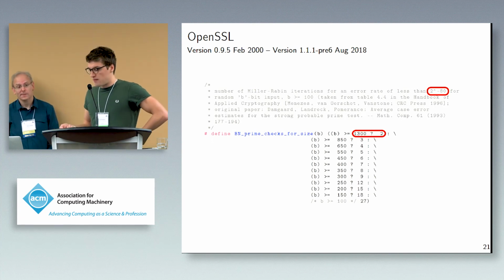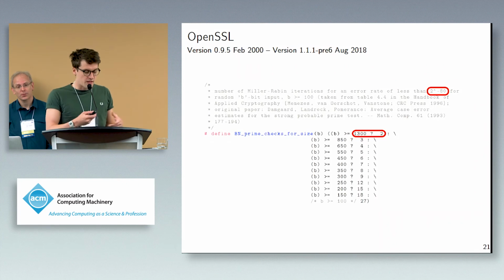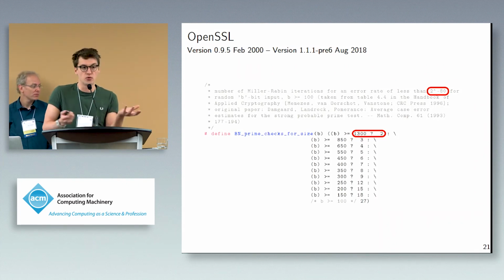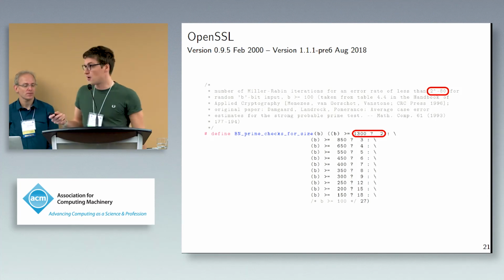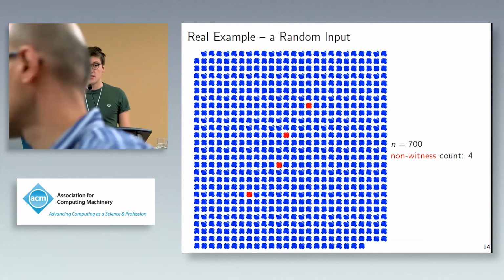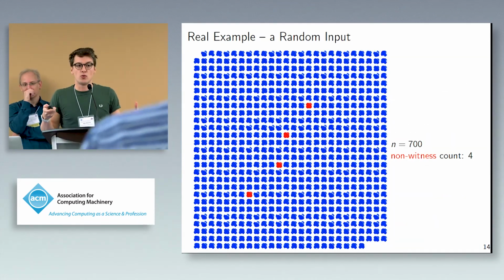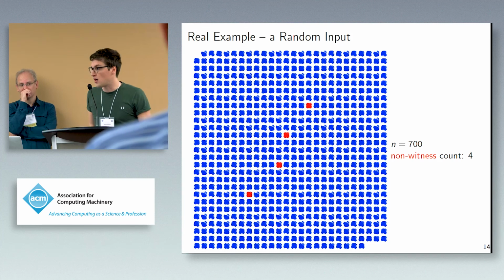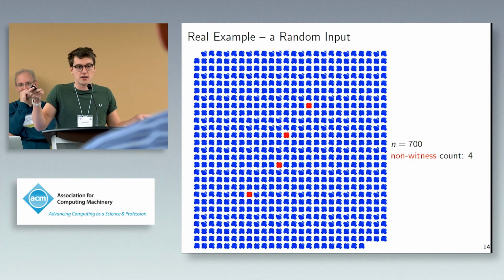So an intuitive way to think about this is that there will just be a small handful of red balls, or non-witnesses, for any given number, right? As we saw in this previous example, when the numbers are relatively small, maybe these balls occur 1 in 2 to the 40.